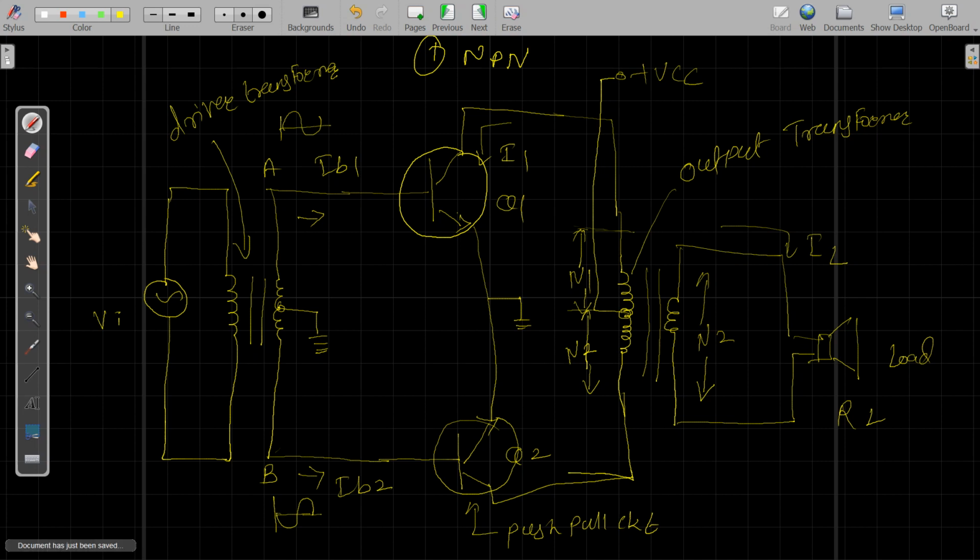Now with respect to the center tap, let us say you are applying this input at the primary winding. Because of this transformer winding we are going to get a signal something like this, and because of this center tap, if for this part we are getting a positive signal with respect to your B point, the other will be negative.